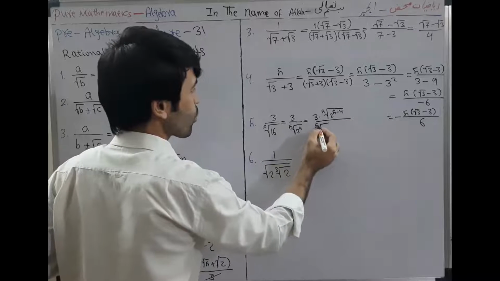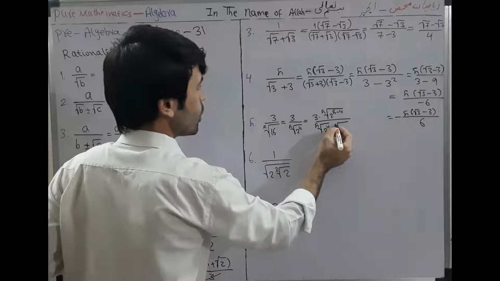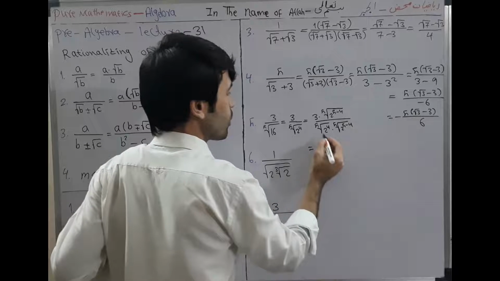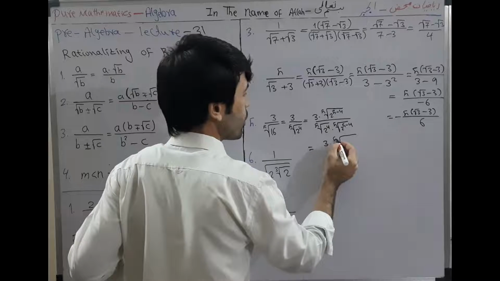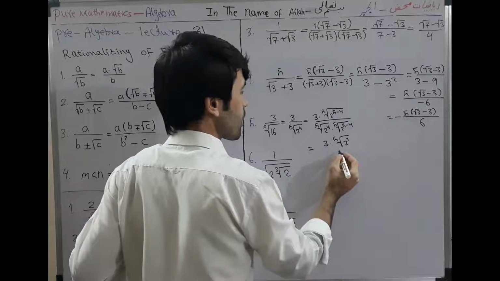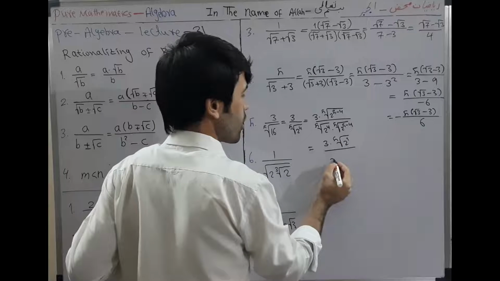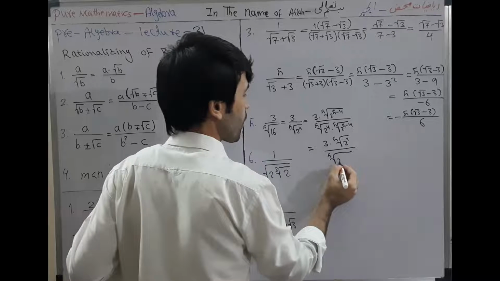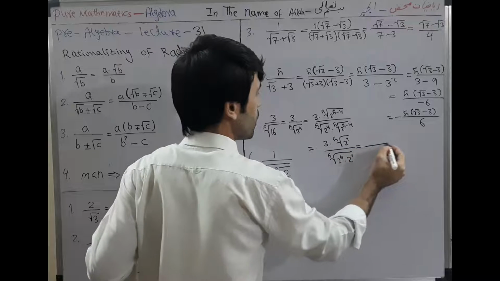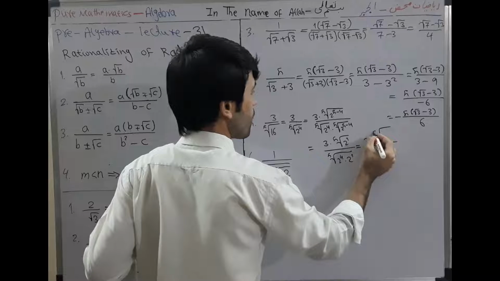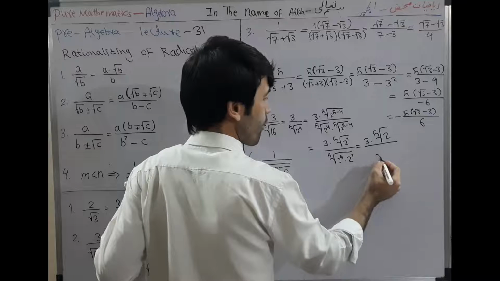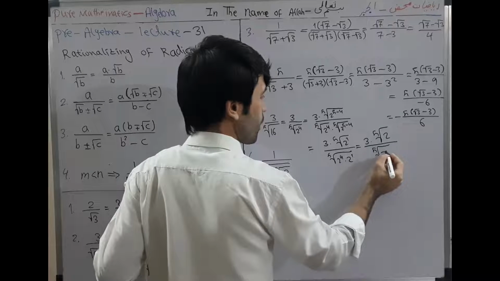Also the fifth root of 3 to the power 4 into the fifth root of 3 to the power 5 minus 4. It is equal to 3 into the fifth root of 3 to the power 1, because 5 minus 4 is equal to 1, over the fifth root of 3 to the power 4 plus 1, which is 3 to the power 5.